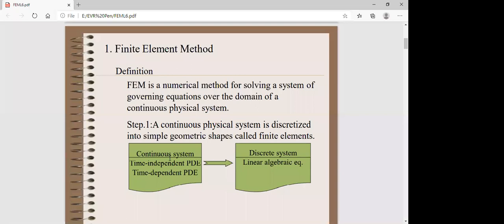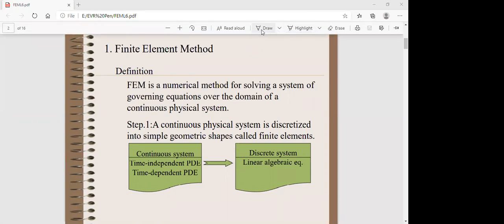That system's mathematical model is in partial differential equations. It may be a time independent partial differential equation or a time dependent partial differential equation.